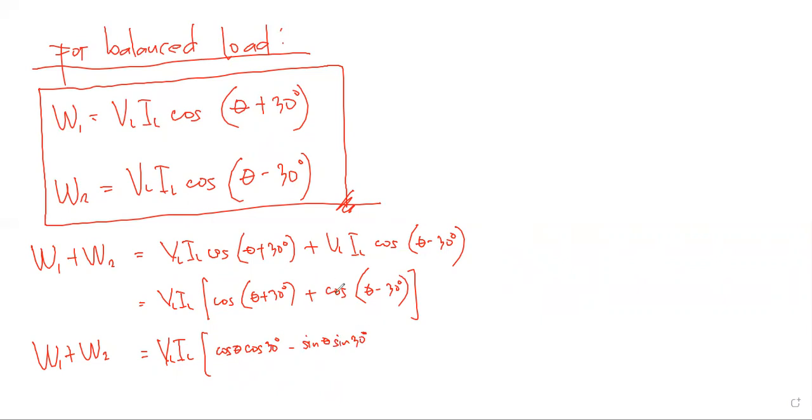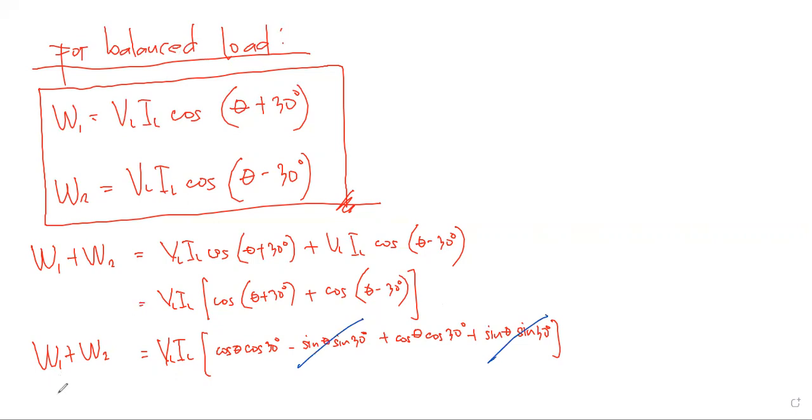And this one plus this, cosine of theta minus 30, can be calculated as cosine theta cosine 30 plus sine theta sine 30. So we can cancel out this one together with this one.